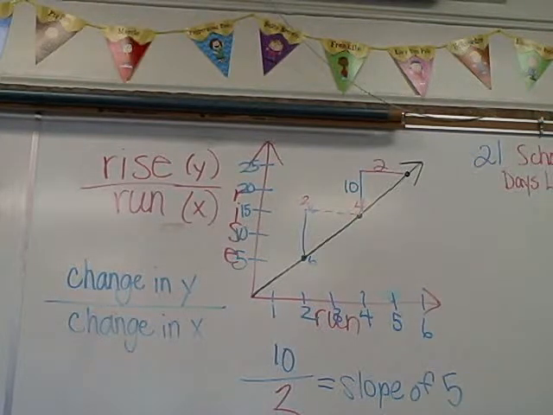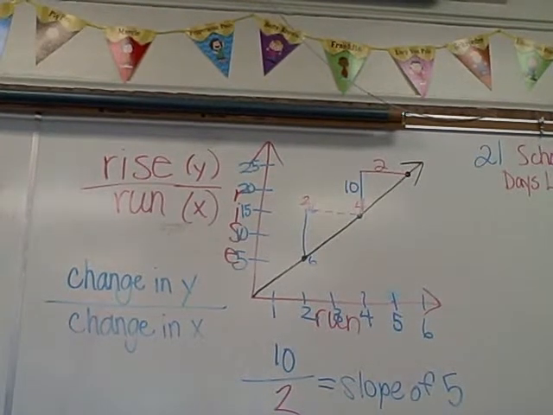They went from 3 to 5, so 5 minus 3 is 2. So they got their fraction, 10 over 2, and they simplified it to 5 over 1. Okay? So that's our unit rate.